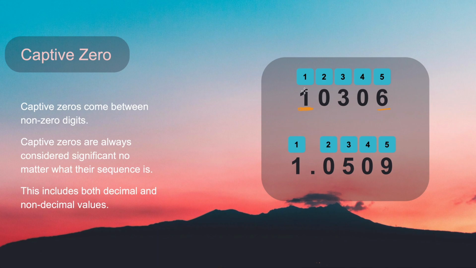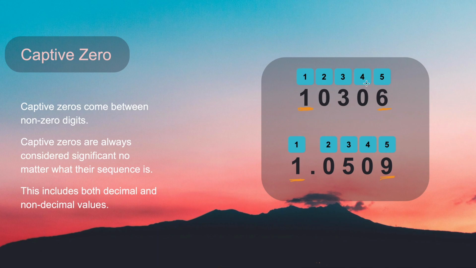Here we have the value, and as you can see the zeros are encapsulated inside these non-zero digits, which here are 1 and 6. The same goes with this value, which is the decimal value. Here the non-zero digits are 1 and 9, on the right and left.